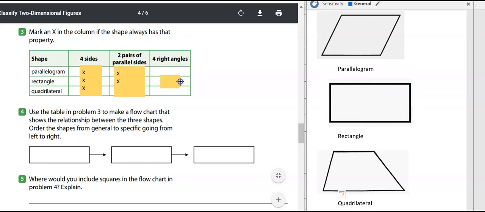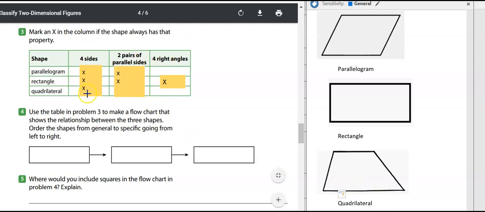So I can put an X in that one because my rectangle fulfills all of those requirements. And my quadrilateral. Let's see, I see an acute angle. I see an obtuse angle. I see another obtuse angle. And I see another acute angle. So my quadrilateral does not have 4 right angles.